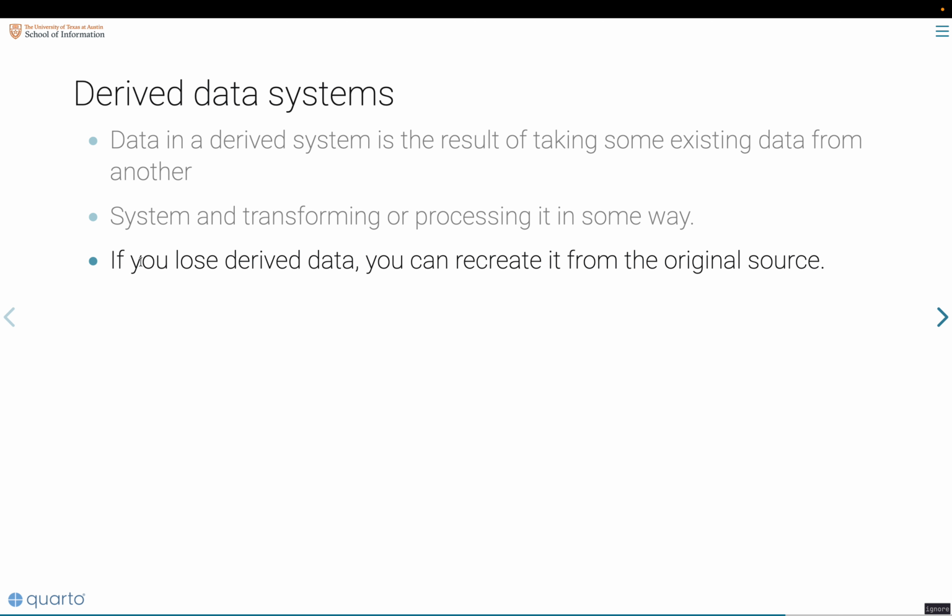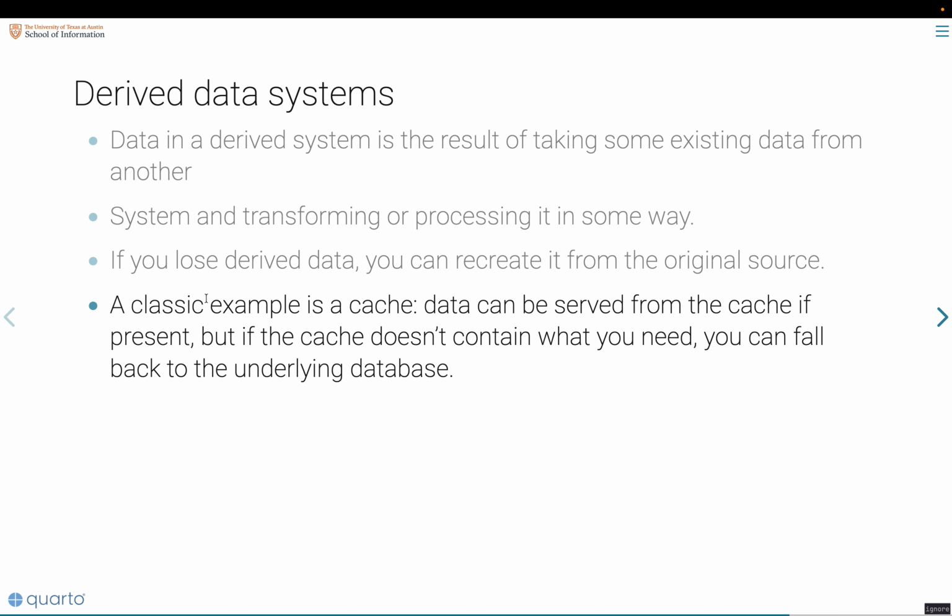If you lose derived data, you can recreate it from the original source. A classic example is a cache. Data can be served from the cache if it's present, but if the cache doesn't exist or doesn't contain what you need, you can fall back to the underlying database. And that's why they tell you to delete the cache if you're having problems in your browser.